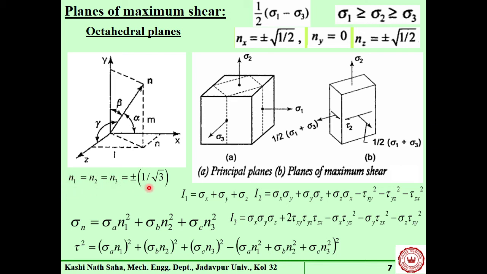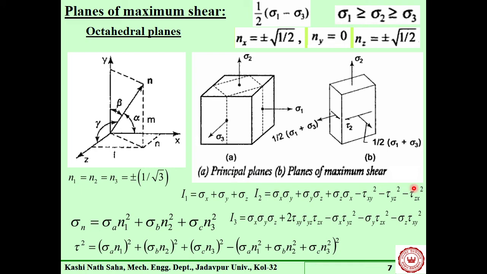What does it mean? This line is equally inclined to all the 3 coordinate axes, right? 1 by root 3, 1 by root 3, 1 by root 3, plus minus is possible. Okay. So then we will get these planes of maximum shear. Fine.